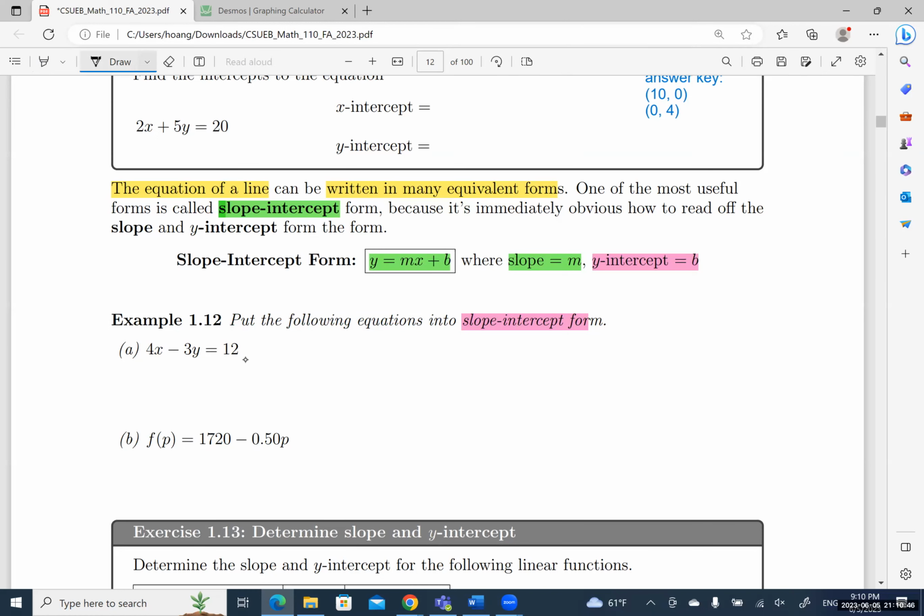Keep in mind that the slope intercept form has y being isolated on the left hand side.